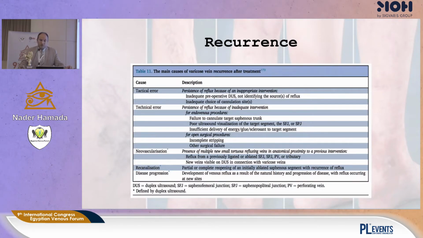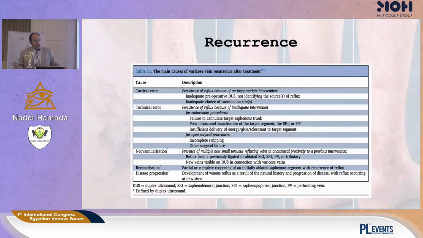But if you go to the European Society guidelines, you'll find the recurrence is not a one-factor problem. Again, I emphasize that the term recurrence shouldn't be used, but this is what we are used to say about the radiological or clinical appearance of varicose veins post-procedure.